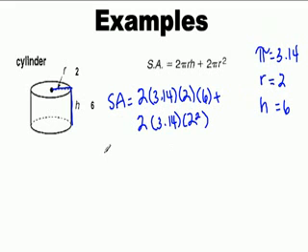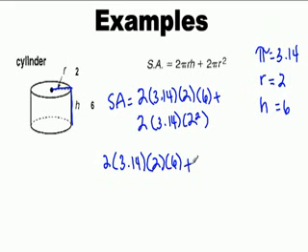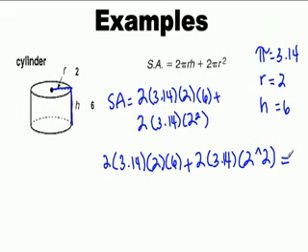Now on your calculator, you can just put in 2 parenthesis 3.14 parenthesis 2 and then parenthesis 6 plus 2 parenthesis 3.14 parenthesis 2 caret 2 for exponent equals.